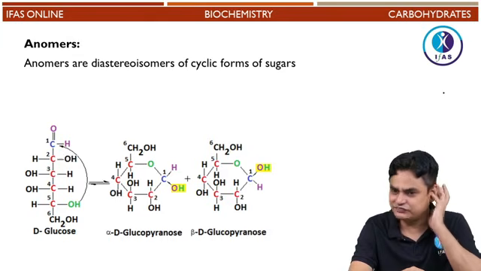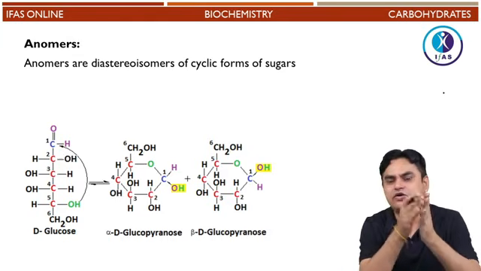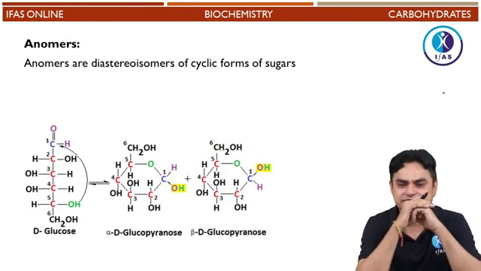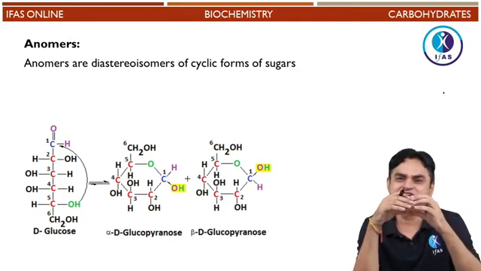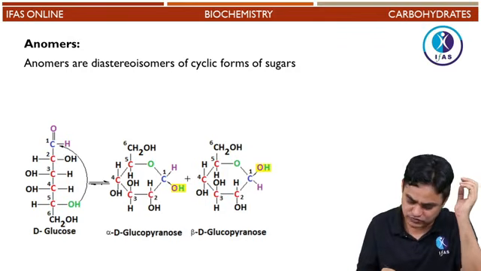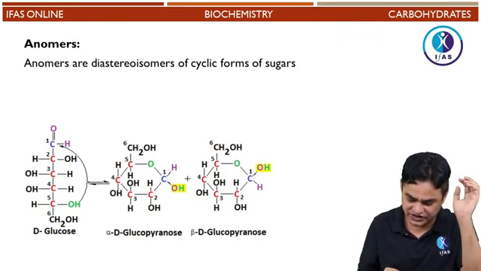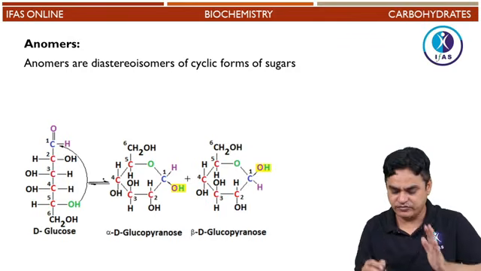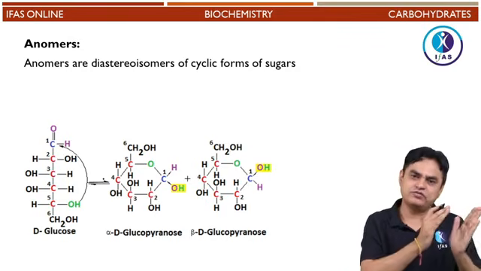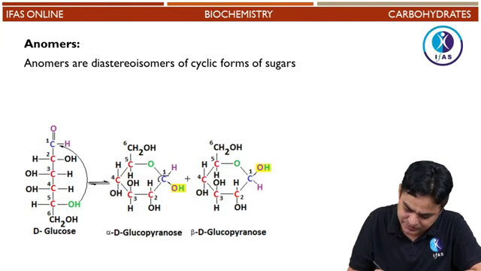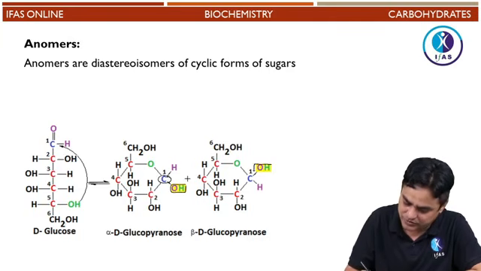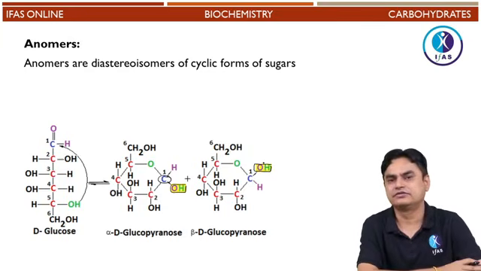Now, as we were saying, these 5 carbon or these 6 carbon sugars adopt a ring structure, and the ring structure is in a state of opening and closing. That is, chain form could convert to a ring form, could convert back into chain form, could convert back into ring form. During this, at this anomeric carbon, OH group could be down the plane or OH group could be above the plane.